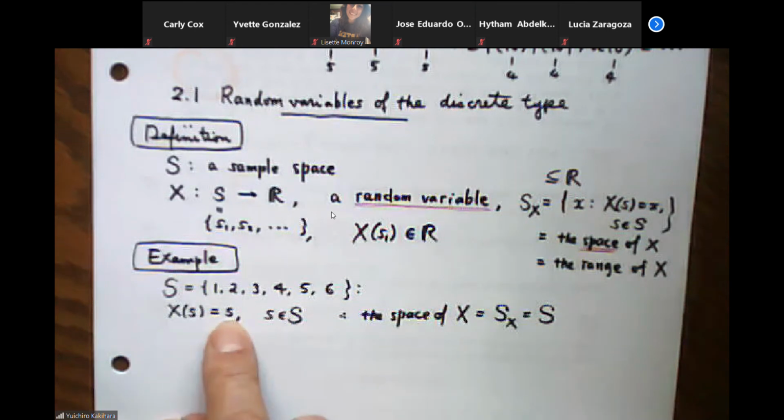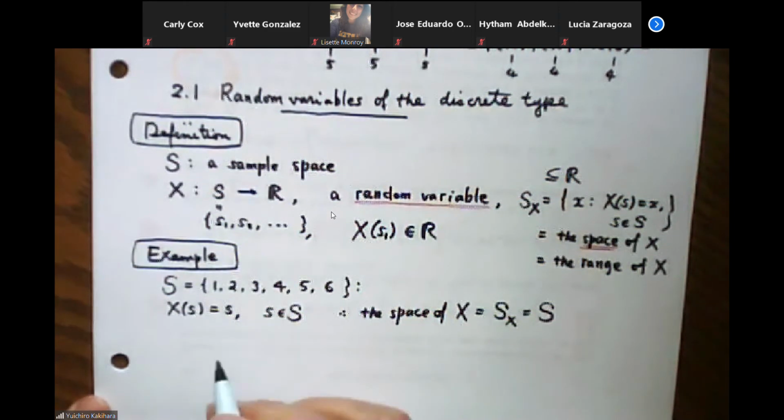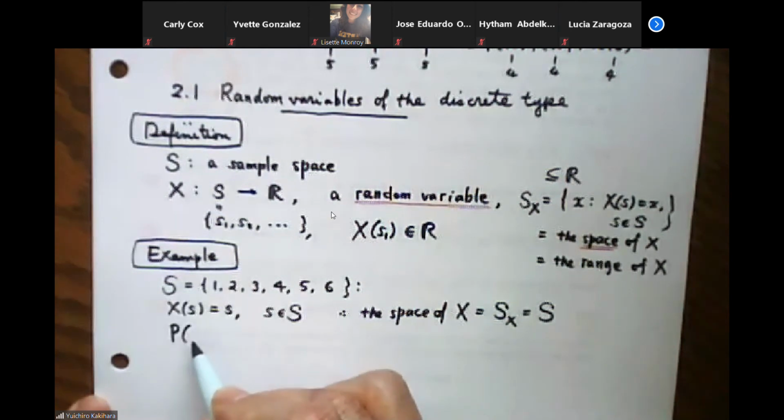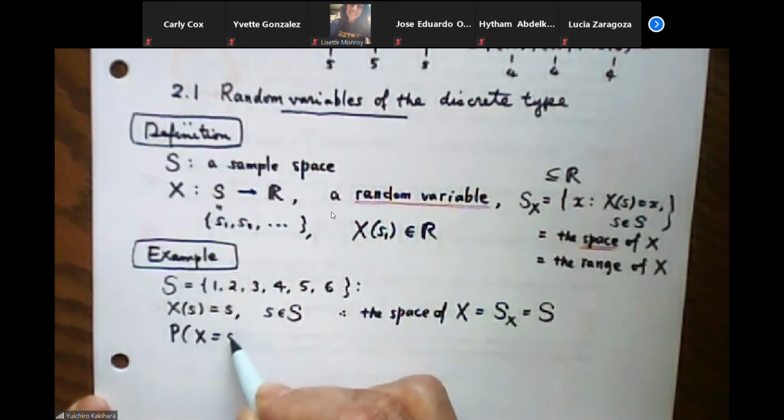Don't be confused. The space of X is the range of X, and that happens to be the same thing as the sample space. This is a sample space number, right? But this is at the same time a real number. This happens. Then what is the probability that X is equal to s? The random variable takes the value s. What is this probability?